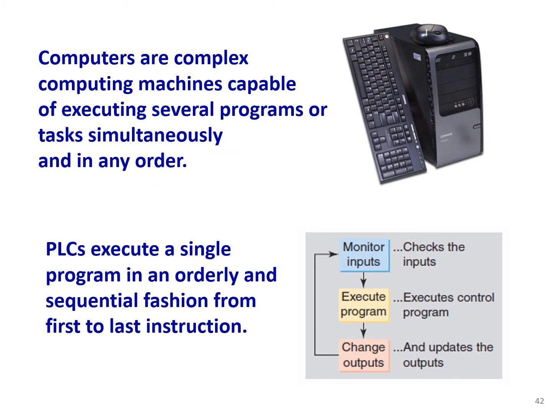Computers are complex computing machines capable of executing several programs or tasks simultaneously and in any order. But on the other hand, PLCs execute a single program in an orderly and sequential fashion from first to last instruction.